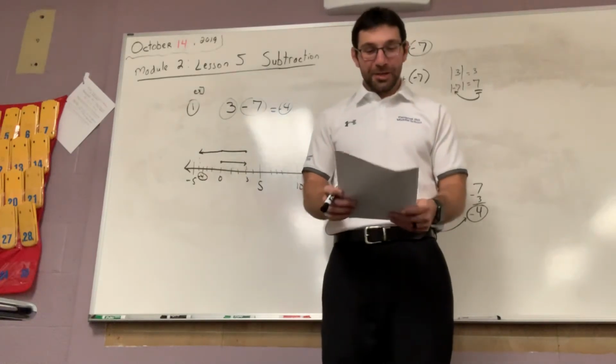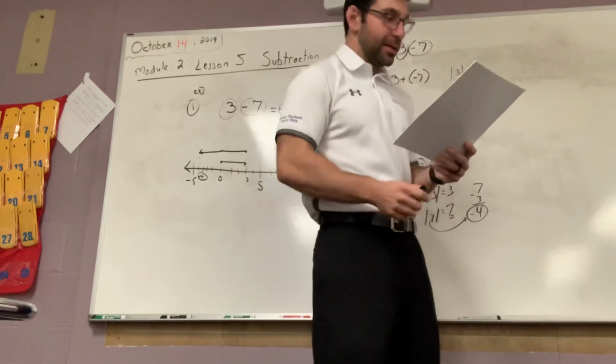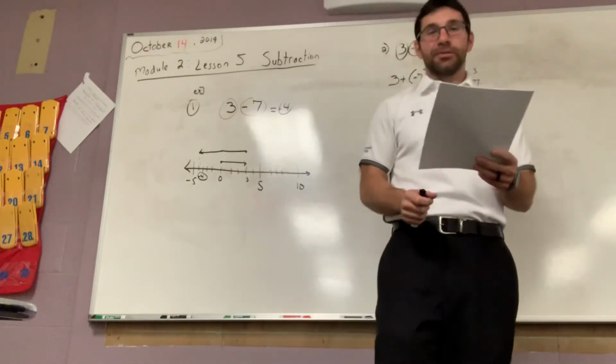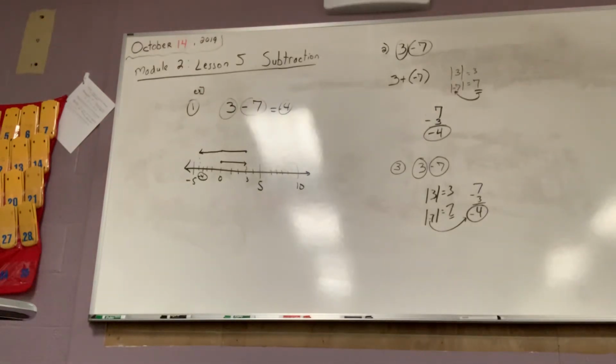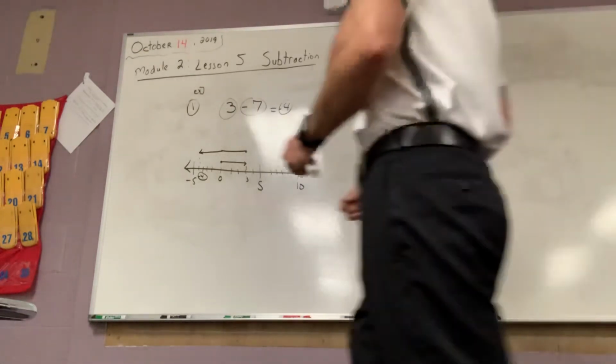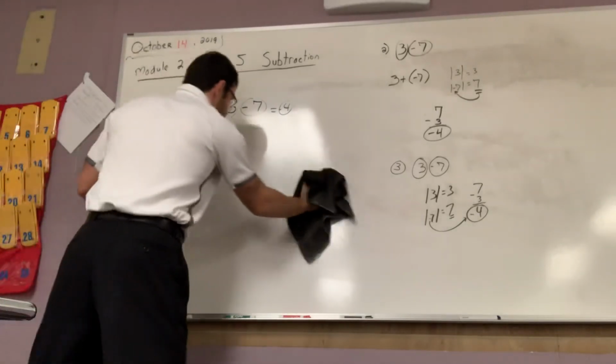Okay. Letter A is 6. Letter B is -5. Letter C is -10. Letter D is -7. So let's take a look at D. We've got something new happening here.